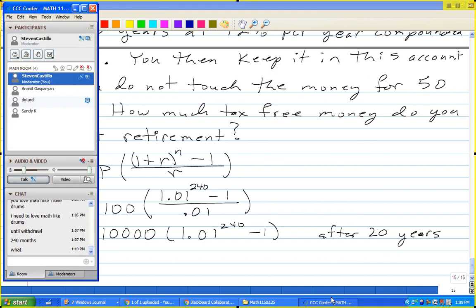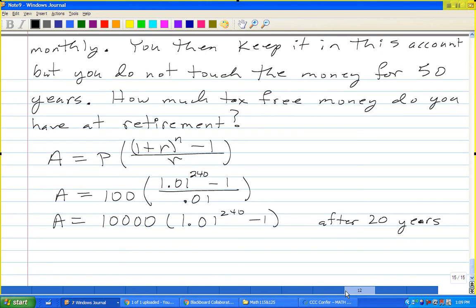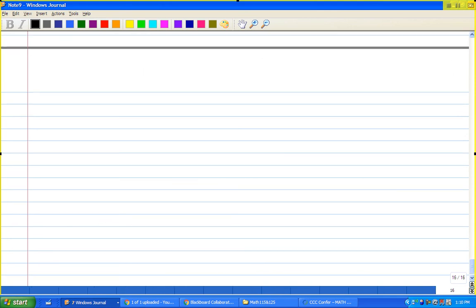Now let's see how much money you have at the end, when you start to retire. Recall that I'll use the simple interest formula. So let's do that.